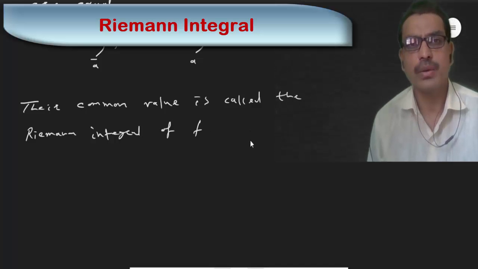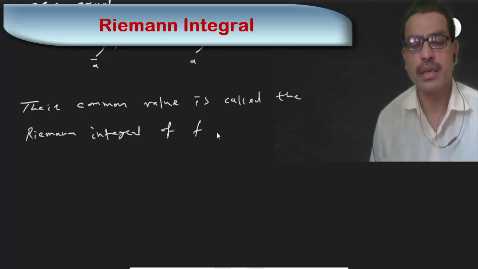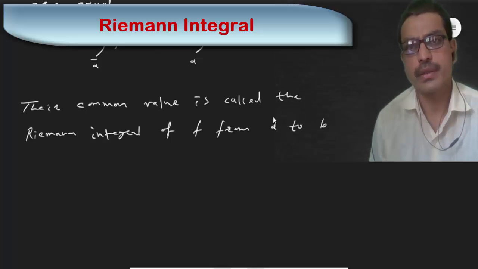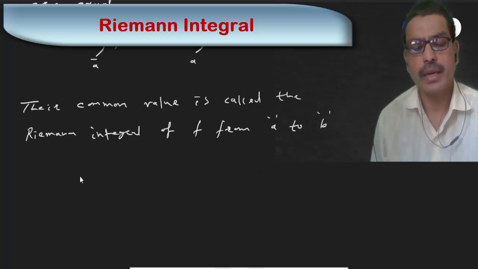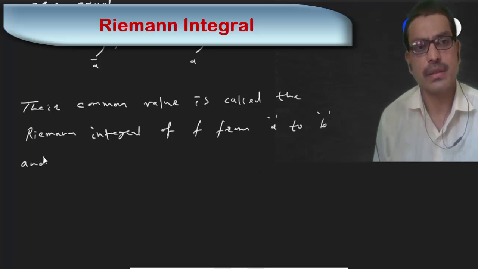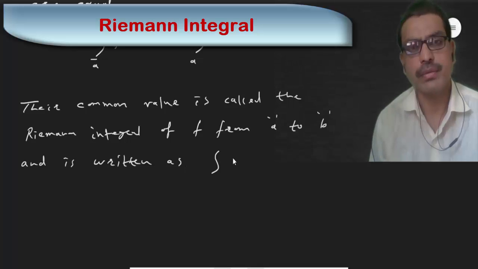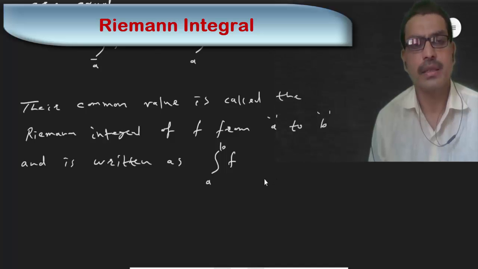The common value is called the Riemann integral of f from a to b, and it is written as the integral of f over [a, b].